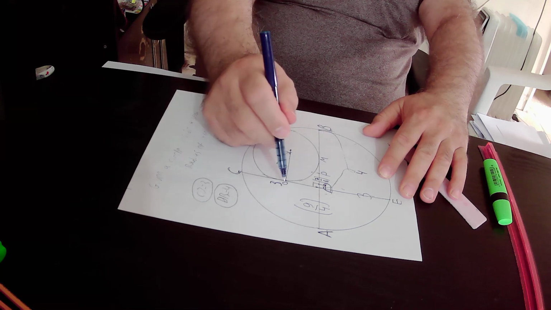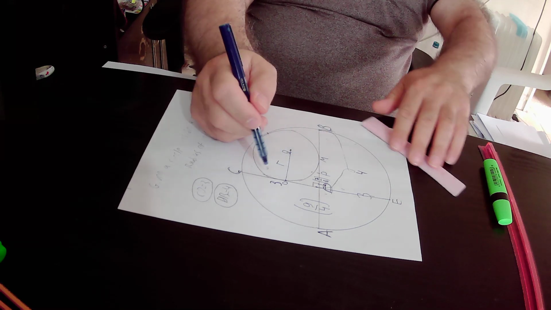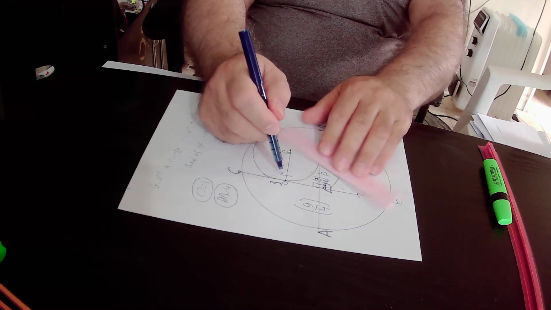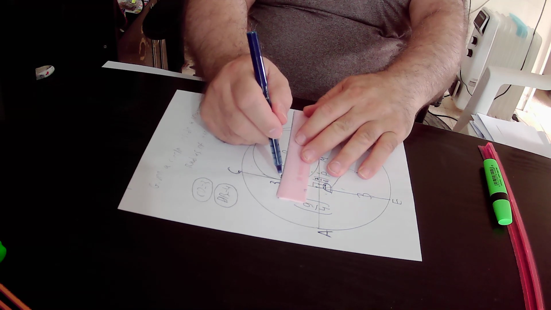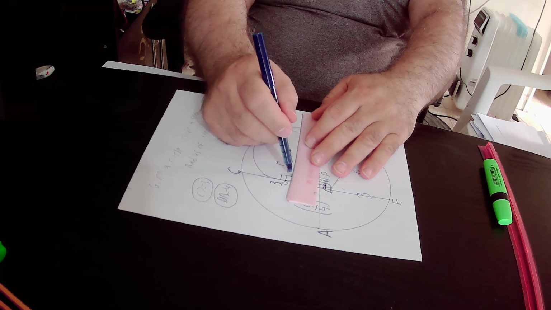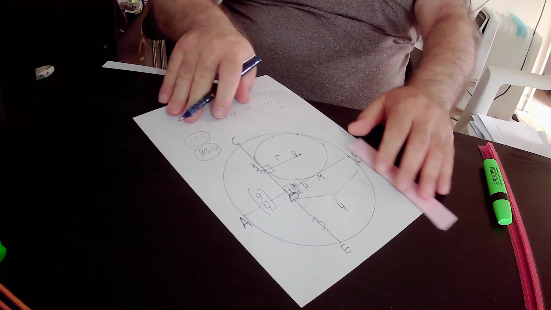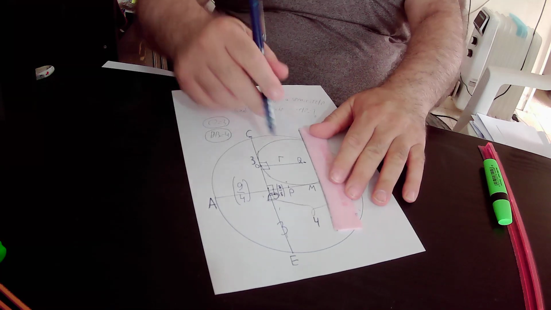So CD is perpendicular to OQ. If CD is perpendicular to OQ, it means that this angle equals 90 degrees, and this angle also equals 90 degrees. Likewise, we join points Q and M together by a straight line.